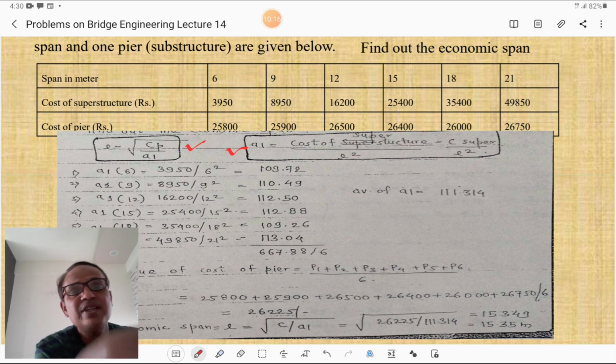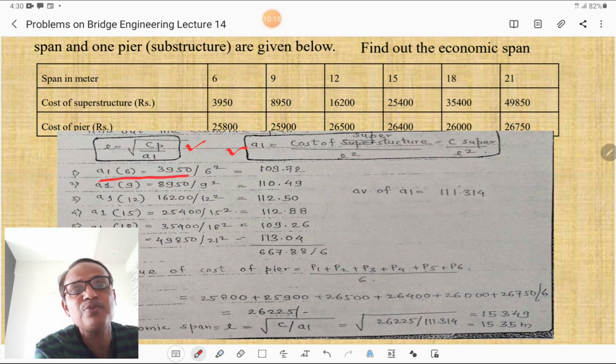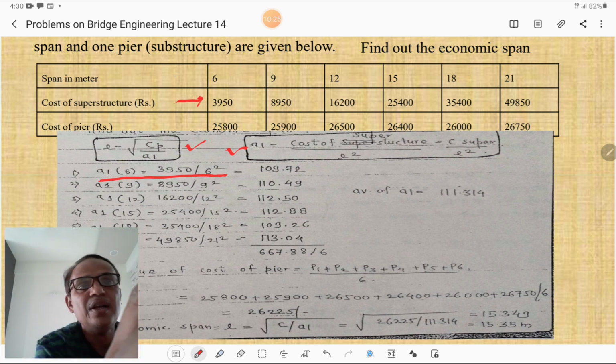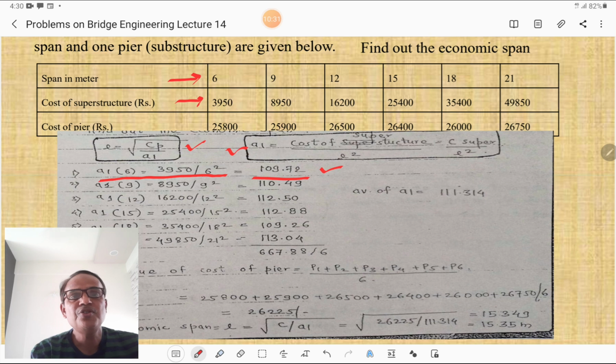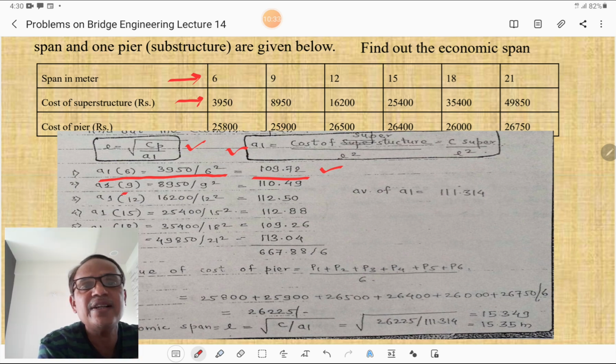So how is A1 for 6 meter span calculated? That is 3950 divided by L square, means 6 square, that is 36. The value comes to be 109.72. Similarly, for 9 meter, the cost of superstructure is 8950. Span is 9.